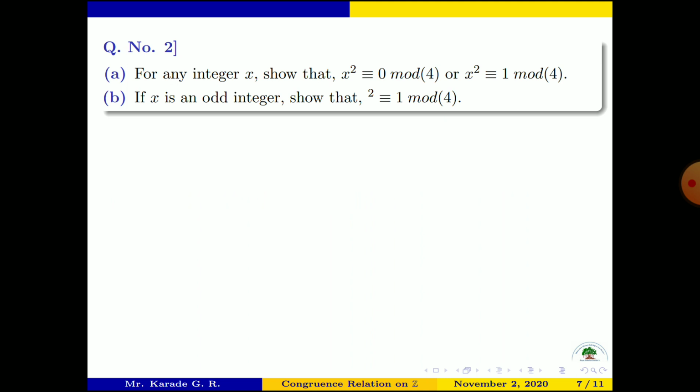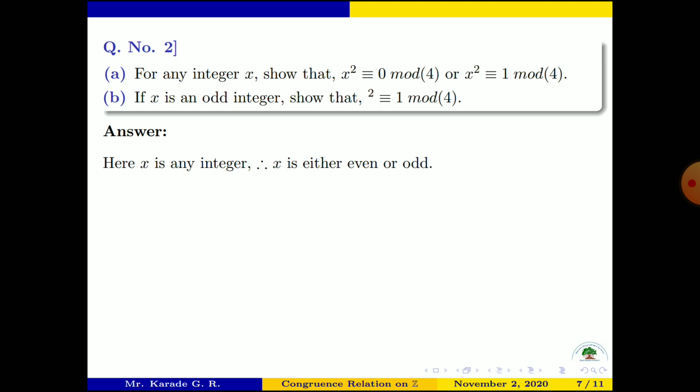And b is, if x is an odd integer, show that x square is congruent to 1 mod 4. Here we have to write x square, x is missing. If x is an odd integer, then show that x square is congruent to 1 mod 4.